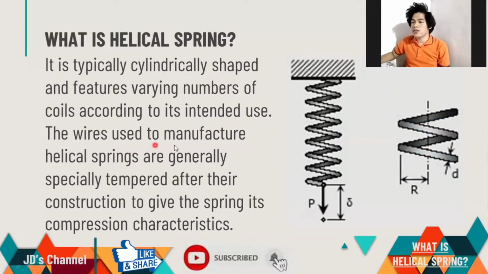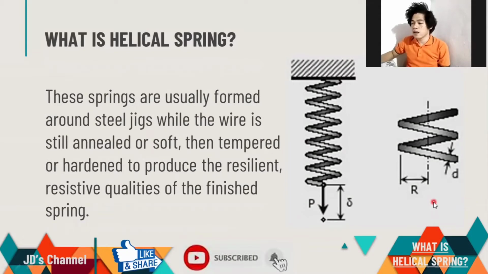The wires used to manufacture helical springs are generally especially tempered after their construction to give the spring its compression characteristic. Yan. So the next is, these springs are usually formed around steel jigs while the wire is still annealed or soft, then tempered or hardened to produce the resilient, resistive quality of the finished spring.